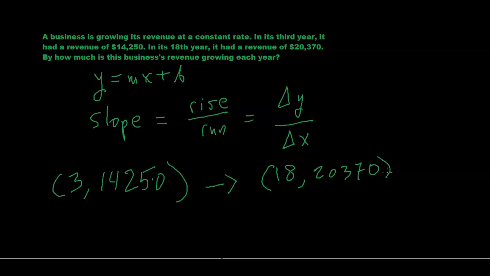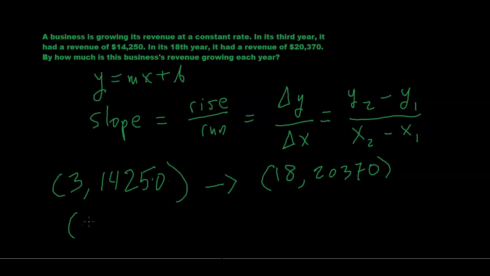So we can calculate the change in y over the change in x. The formula, written explicitly, is y2 minus y1 divided by x2 minus x1. Your first point is always the point with the least x value, because we're always going from left to right.